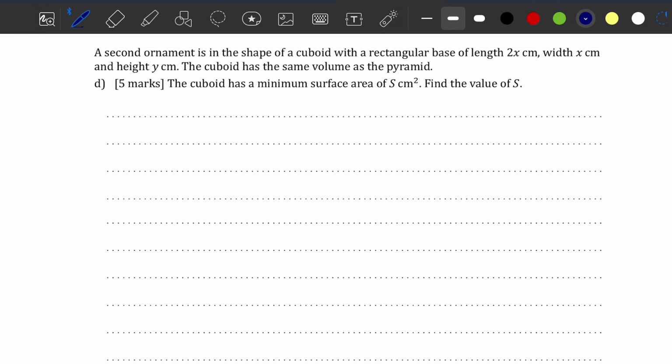So we have another piece of information. A second ornament is in the shape of a cuboid with a rectangular base of length 2x, width x, and height y, and the cuboid has the same volume as the pyramid. And the cuboid has the minimum surface area S. We need to find the value of S. Okay, so this question is an optimization question.